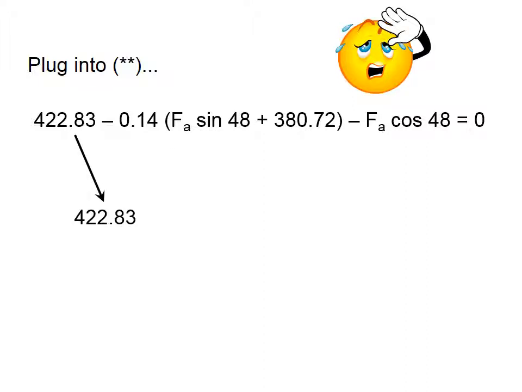So there's our 422.83. If I take that, that's going to reduce to 0.104 FA. Remember that the sine of 48 is just a decimal. You can type that into your calculator. So you're going to go sine of 48 times negative 0.14 times FA. That's what this comes out to be.